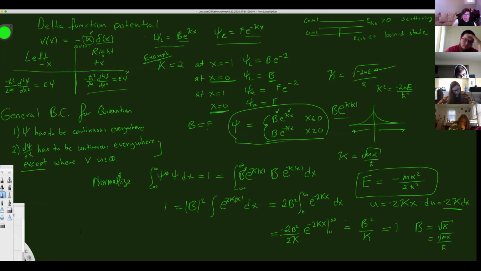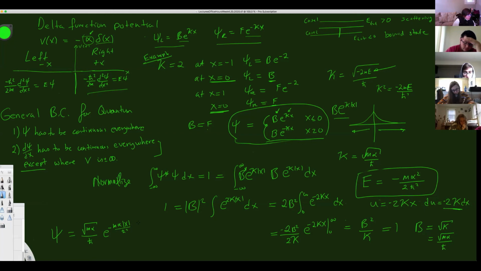So now we finally have our psi. And we can write it as the absolute value for ease. Okay. We have square root of m alpha over h bar. We have e to the minus m alpha absolute value of x over h bar squared. Yeah, so hold on a second.